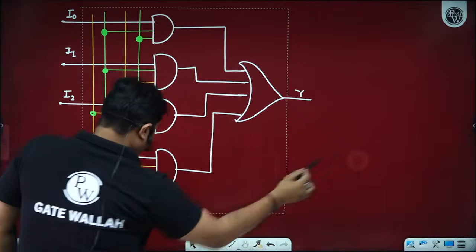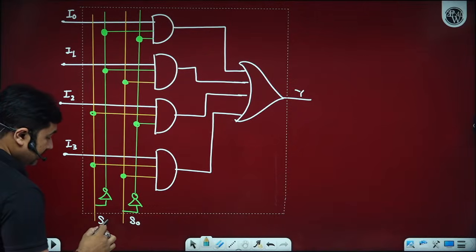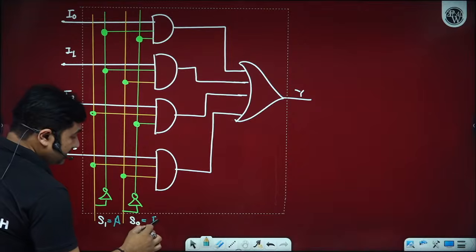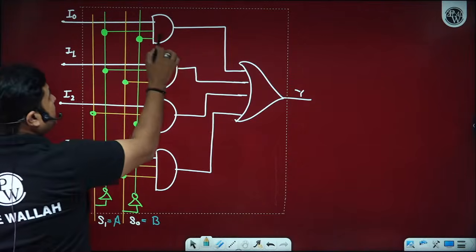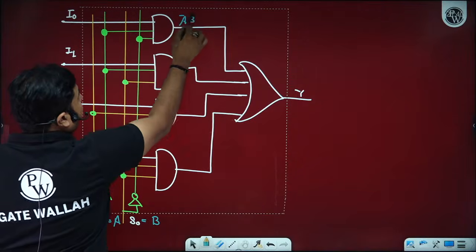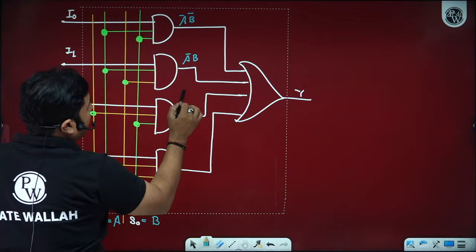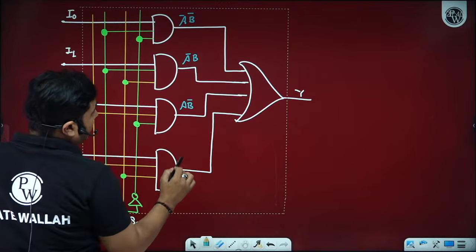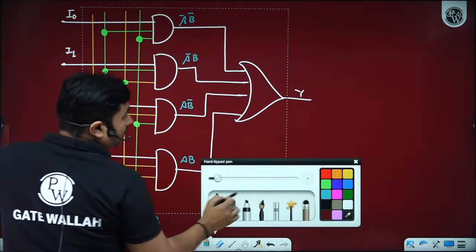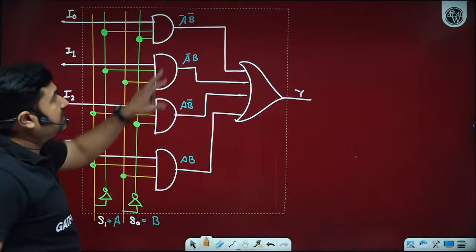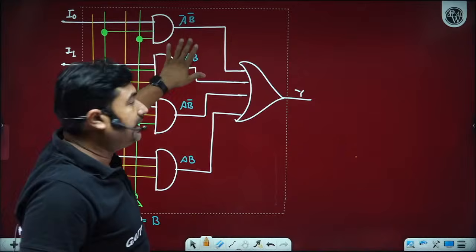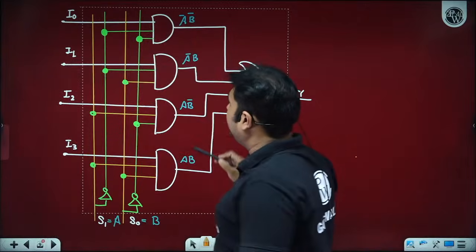Suppose the information given here is A and the information given here is B, then we can see this will become A bar B bar, A bar B, A B bar, and A B. And they are going to multiply with the inputs, because this is going to enable or disable this AND gate depending upon the A and B condition.